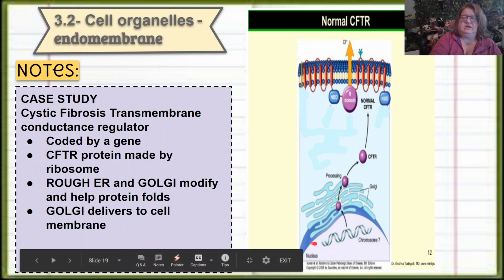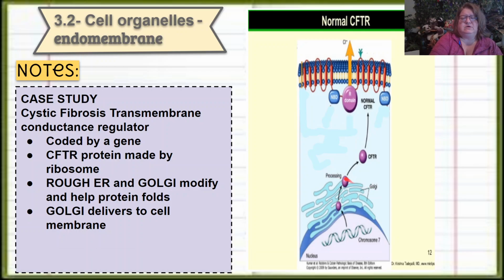Here in the rough ER, we're going to see a ribosome make the CFTR protein. Remember, ribosomes make proteins. Then it's going to be worked on by the rough ER. It's going to be modified, and then it's going to be sent to the Golgi body, where it's also going to be finished and then transported to the membrane. That's what happens normally.